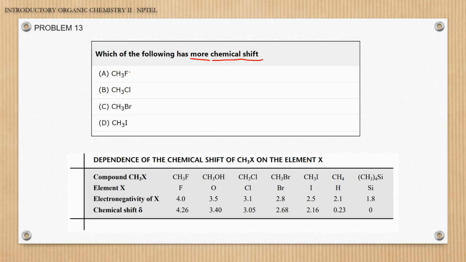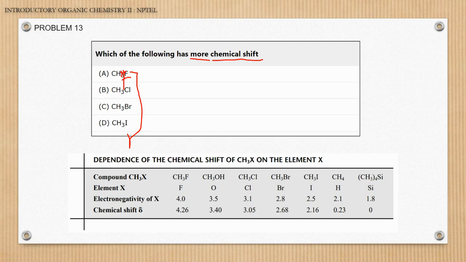Now tell me which is the most electronegative atom. That is the fluorine atom, right? It will take up a lot of electron density from this carbon, making these hydrogens very electron deficient.